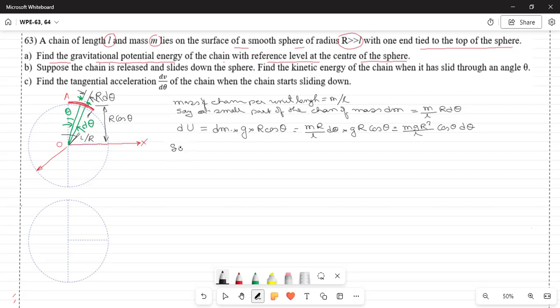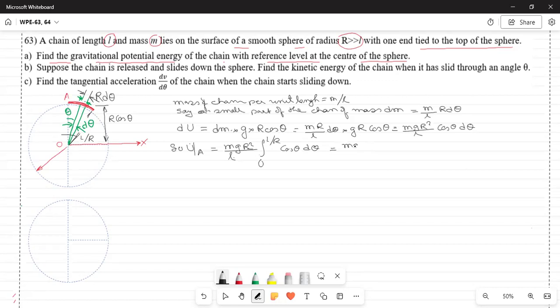So potential energy when the chain begins at A is equal to mg r square by L, its integration from 0 to L by R of cos theta d theta.